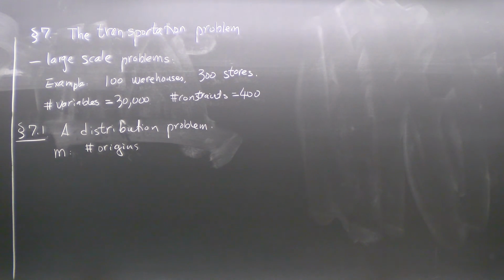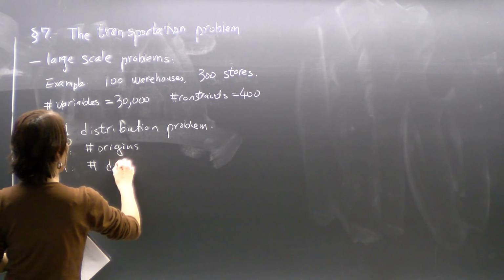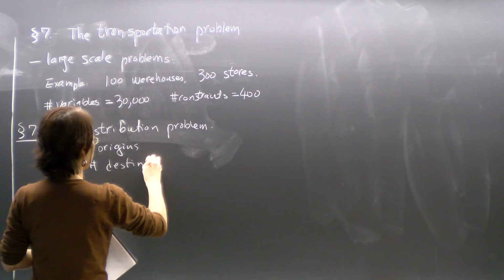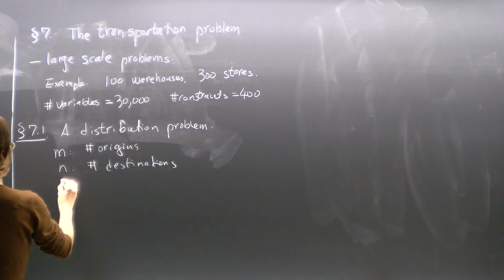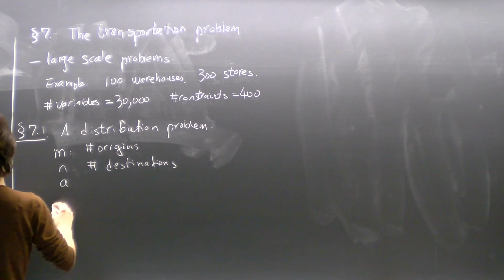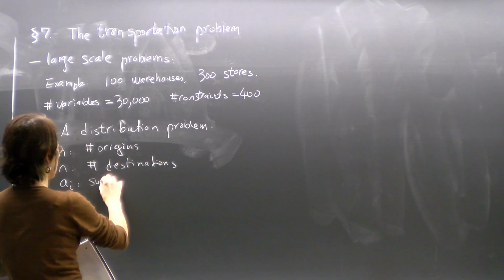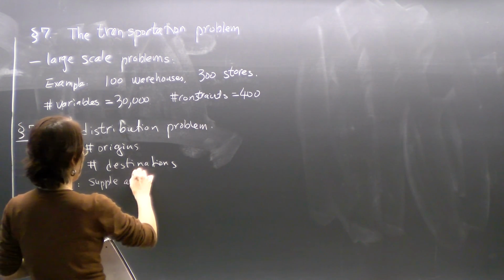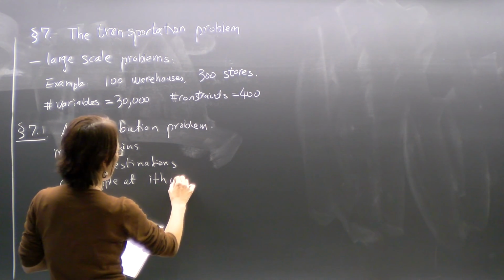So you want to move things from original locations, a bunch of them, to some final destinations. And then n will be the number of destinations. And then I have some supply. a_i will be supply at the ith origin.